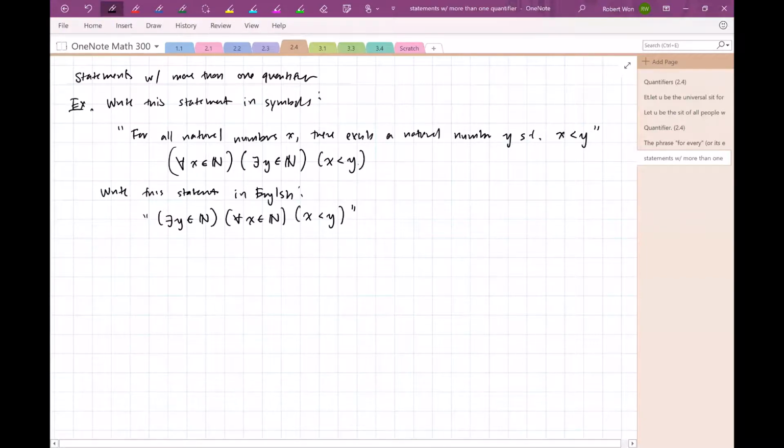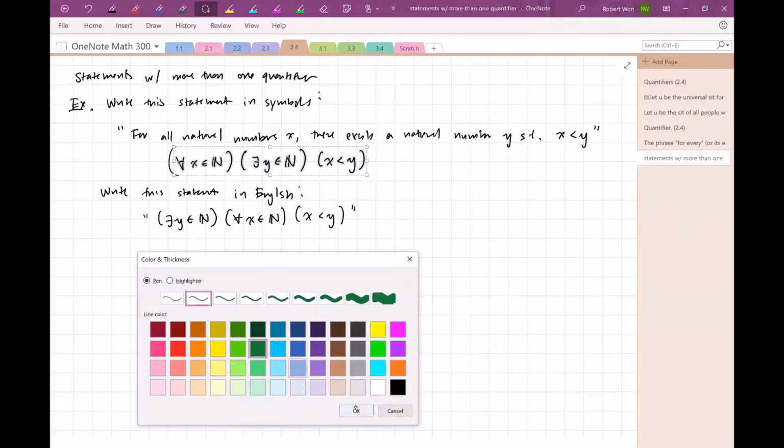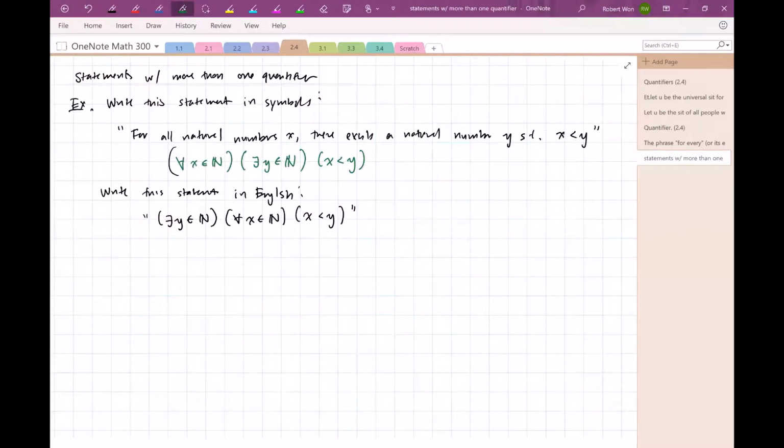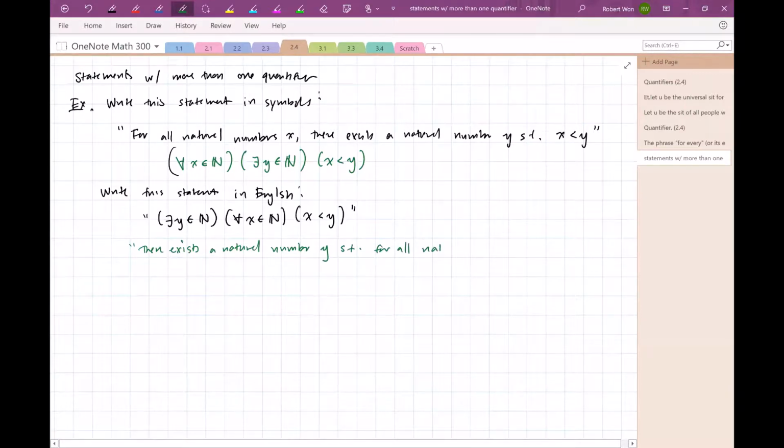That's this first statement. Maybe I should have done it in a different color. Okay, what is the second statement? There exists a natural number y such that for all natural numbers x, x is less than y.